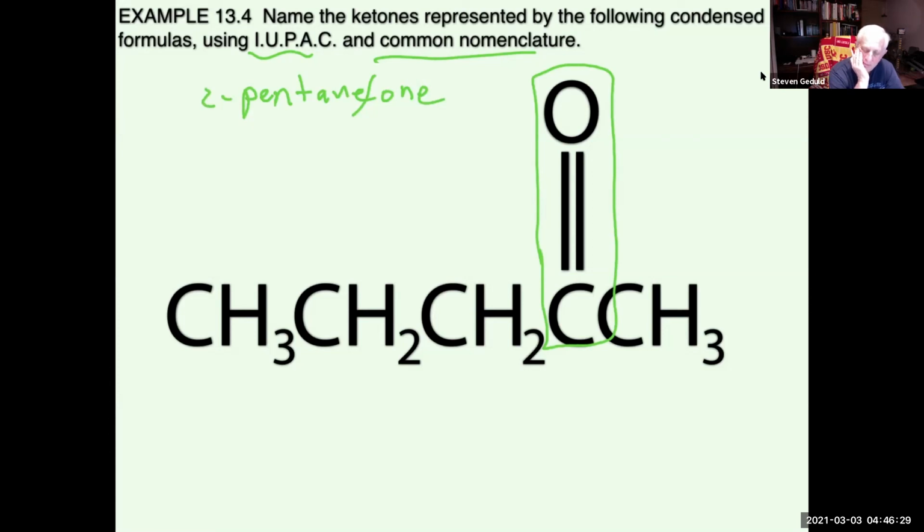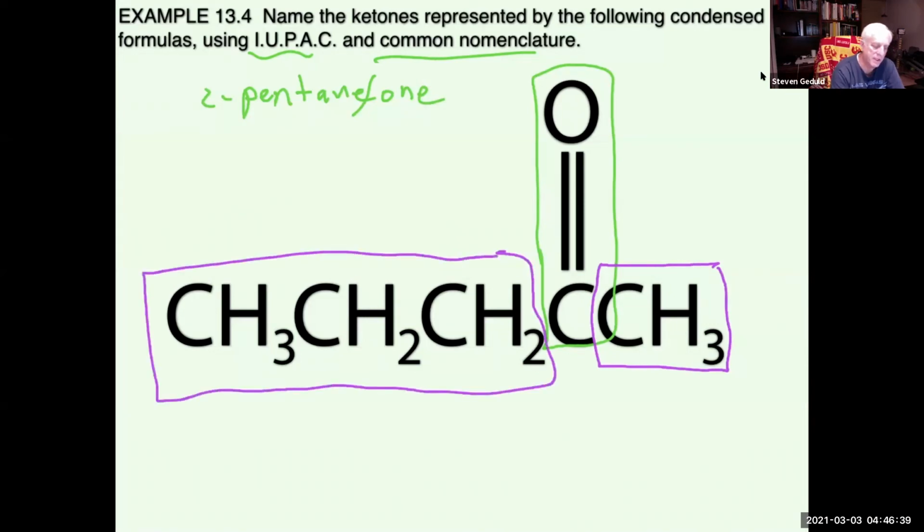Common name. We have a group here on the right side, a group here on the left side. The smaller group is the number 1 group on the right-hand side. There's only 1 carbon, and that's methyl. That's 1 word. And then there's 3 carbons on the left to the carbonyl group. Now remember, we're not counting this carbon when we're doing the common names.